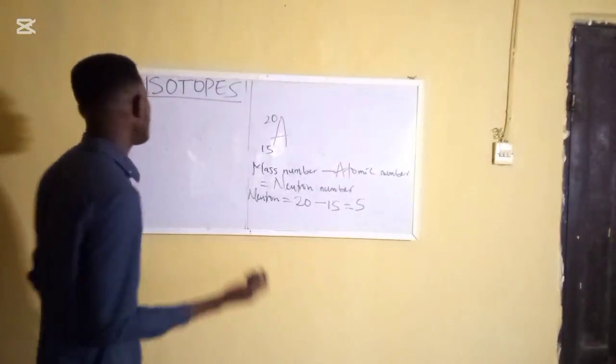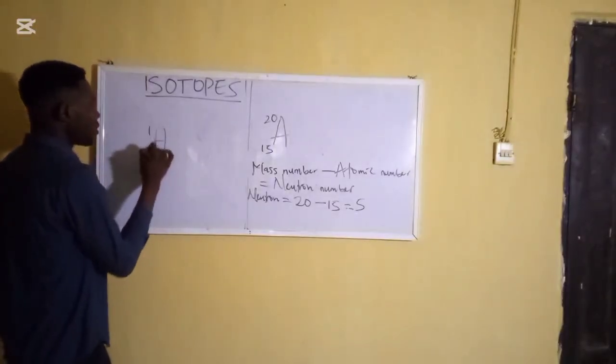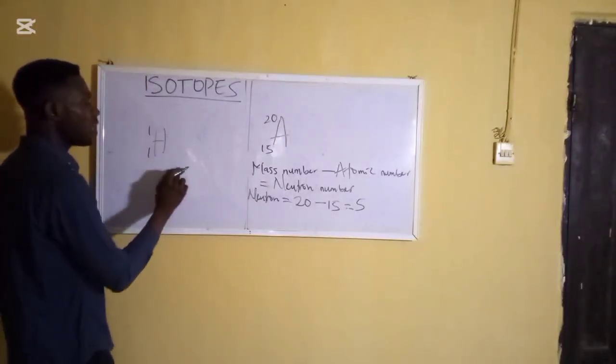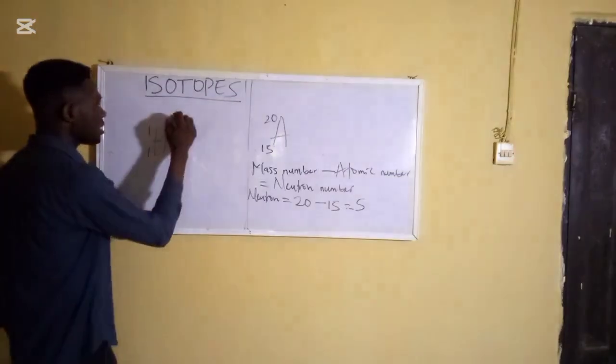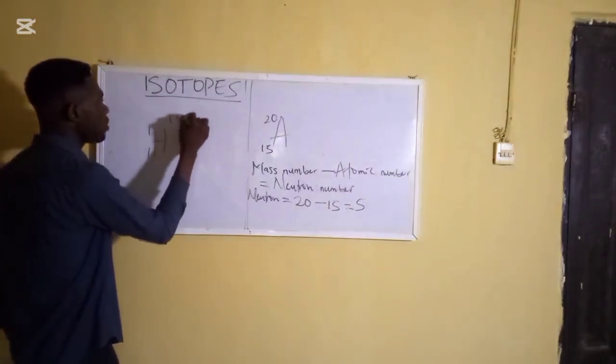For example, you would see hydrogen represented like this, but you will still see another figure by the side that is written as 1.008.